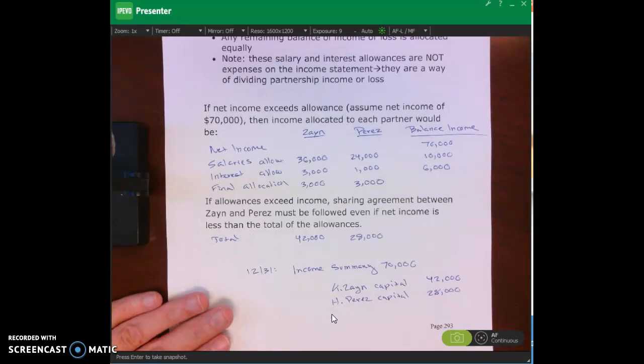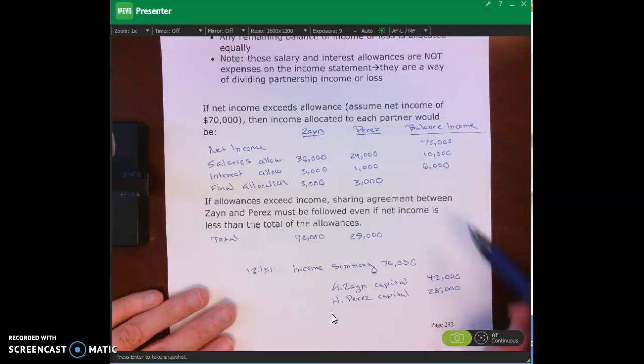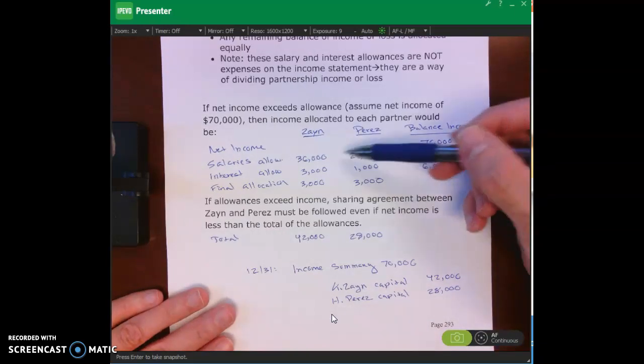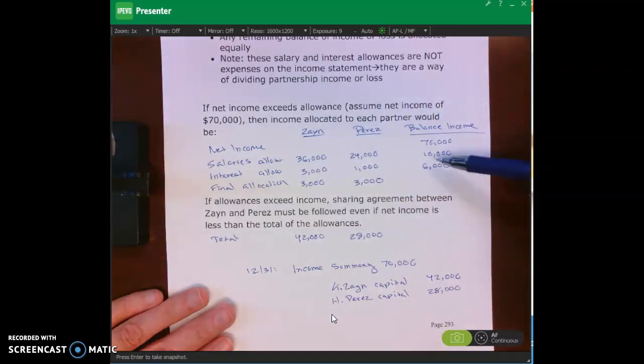Adding those two gets us up to the 70,000. So that's a situation where you can see our allowances, especially our salaries and then our interest allowances, are still less than our total income.